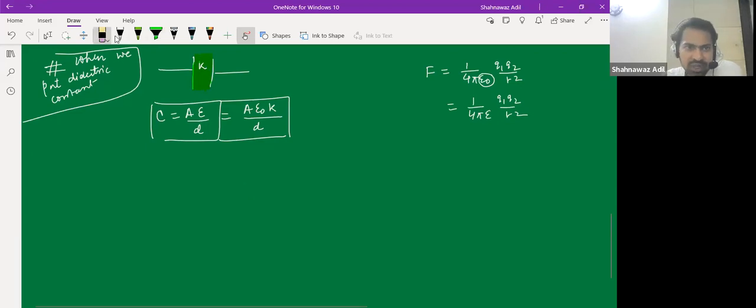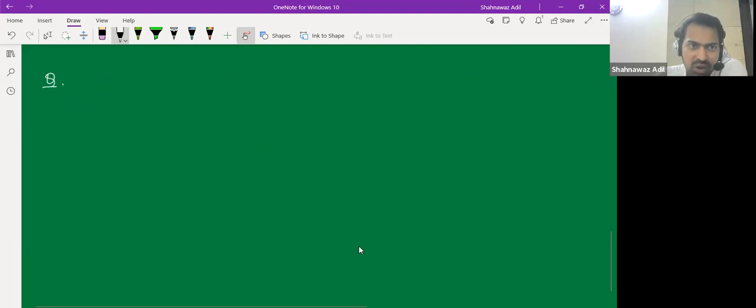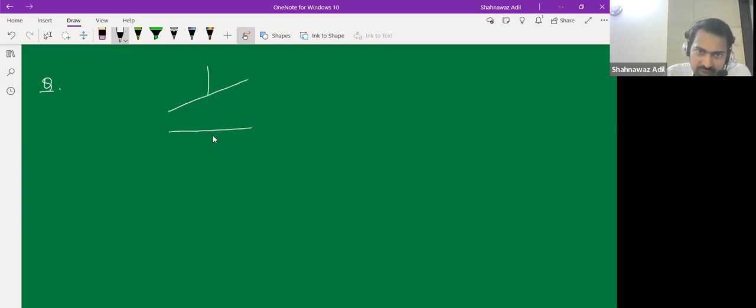Okay, so on the basis of this, let us do one question. I have 13 minutes, so let me do one question. What is the capacitance of this one? We have a capacitor which is like this, so this one and then this tilted one.